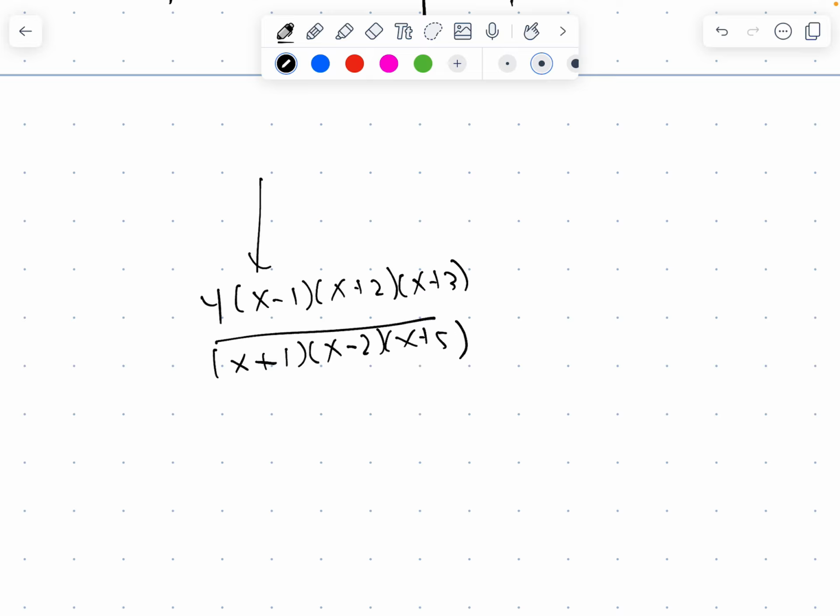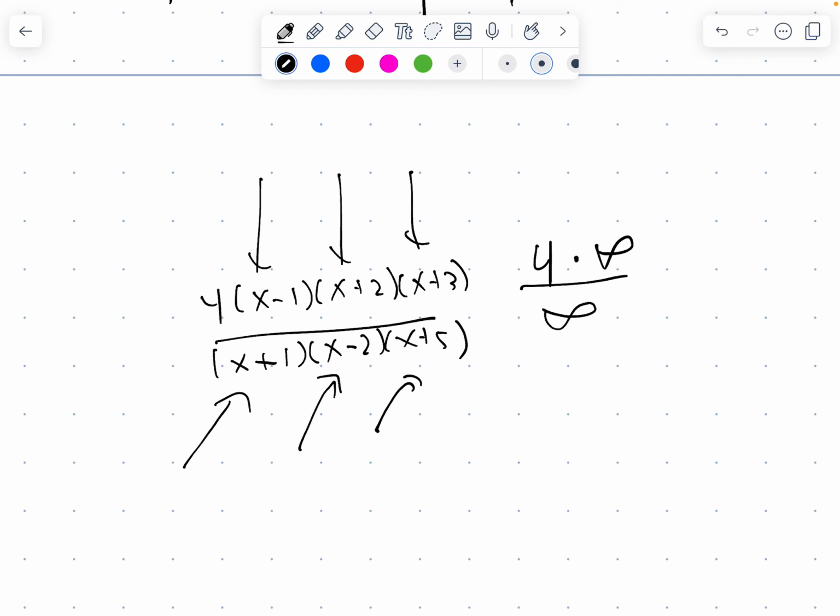If we plug in infinity everywhere, we end up with 4 times infinity over infinity, like infinity cubed. This isn't super precise, but you can think of canceling those out, and you end up with 4. Now, there's a better way of doing it with long division, but we're not going to bother with that.